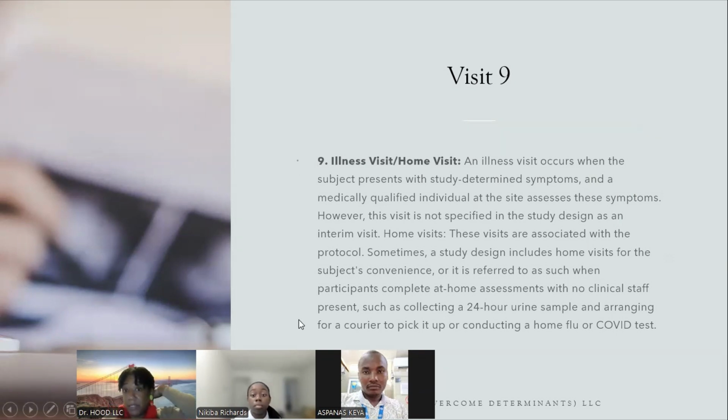But again, dealing with vaccine studies, we did have a visit type called the illness visit, and that is if the patient exhibited some symptoms regarding the indication that we were following up. They had within 72 hours to come into the clinic so we can do necessary testing, swabs, lab draw, and PI physical exam.